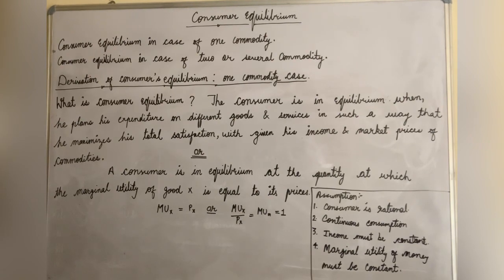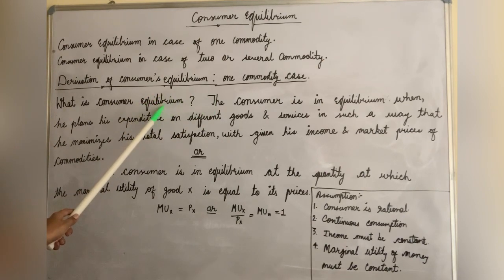Today we are going to understand what consumer equilibrium is in the case of one commodity, and in the case of two or several commodities. First we will start with the one commodity case. What is consumer equilibrium?